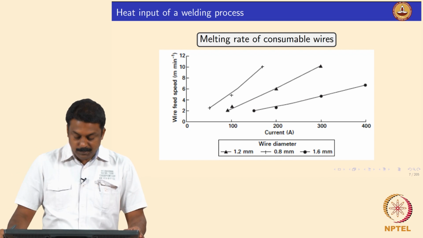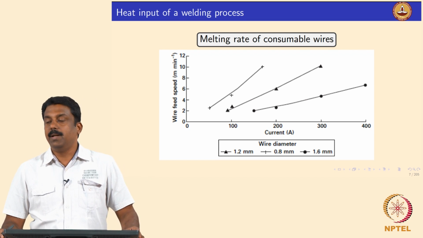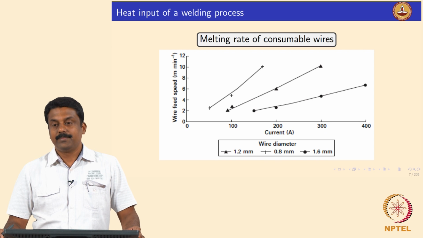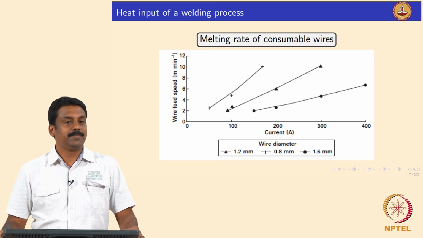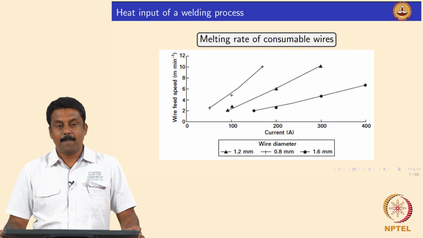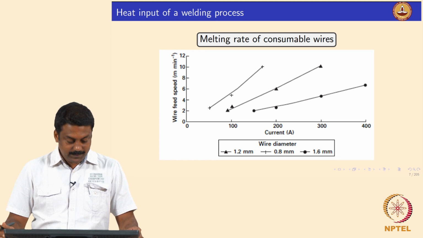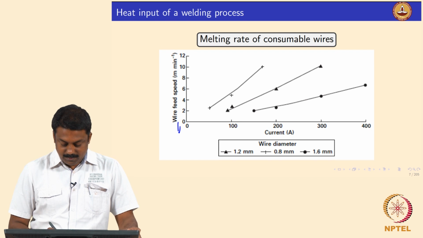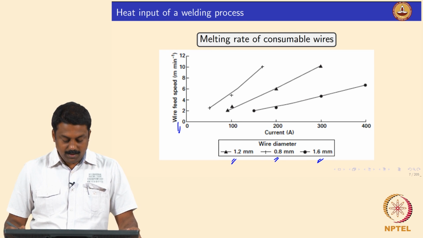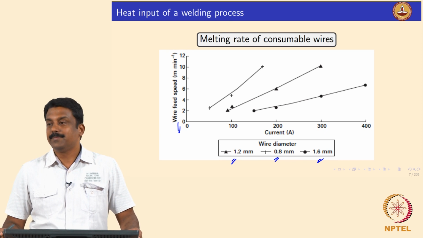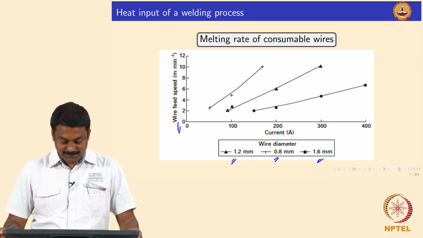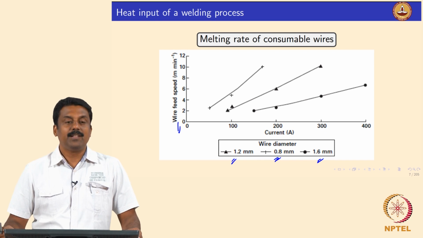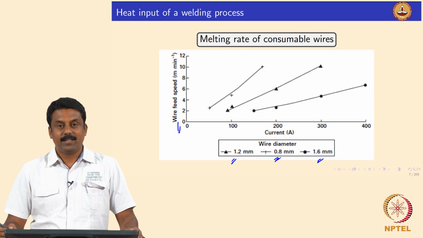Similarly, you can also change the melting rate by changing the diameter. What's the relationship? Inversely proportional. If you change the wire diameter, in this case for three diameters 0.8, 1.2 and 1.6, which will have the highest melting rate? The smallest diameter, isn't it?